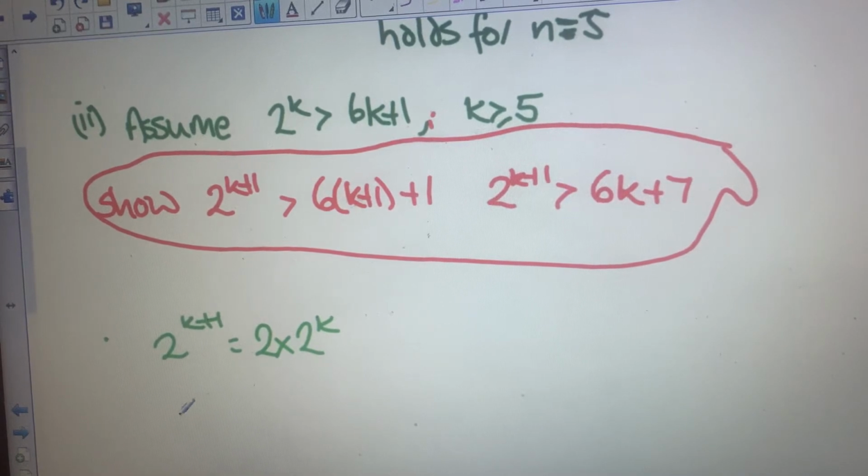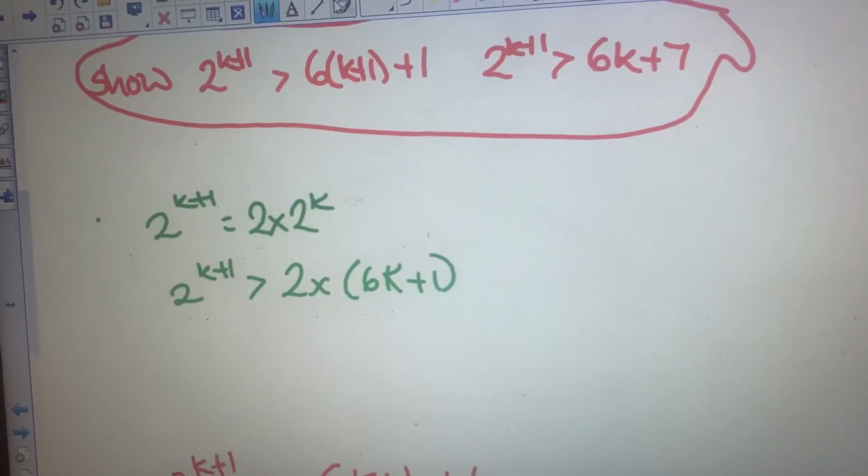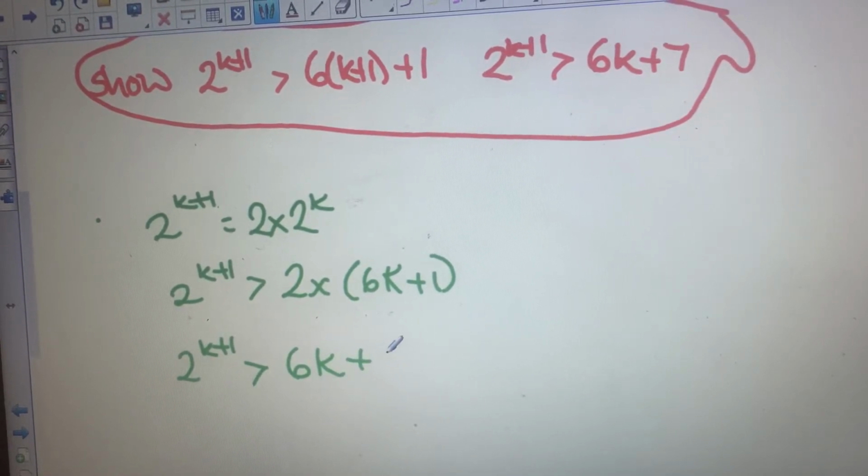And that means 2 to the k plus 1 will be greater than 2 times whatever 2 to the k is greater than. So that's going to be greater than 2 times 6k plus 1. So we have 2 to the k plus 1 is greater than 6k plus 2 plus another 6k.